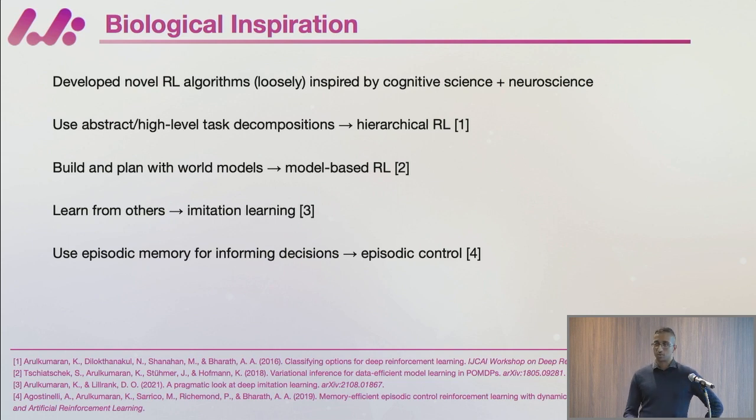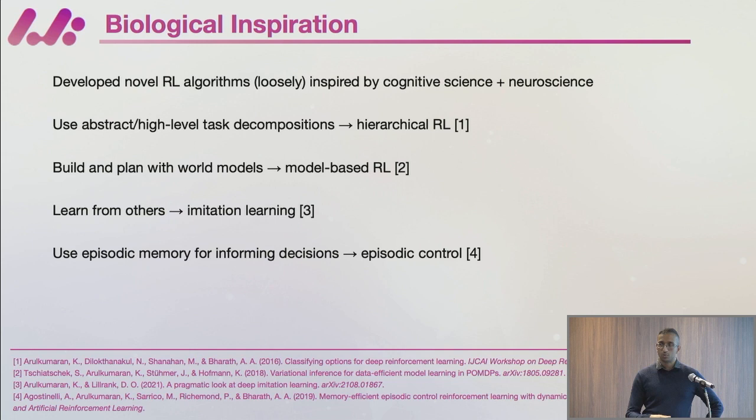This has led to work in hierarchical reinforcement learning. We construct explicit models of the world. We can really think about how things work and simulate this. And we plan based on this, and this leads to work in model-based reinforcement learning. We don't just do things ourselves, we can learn from others, and this is the field of imitation learning.